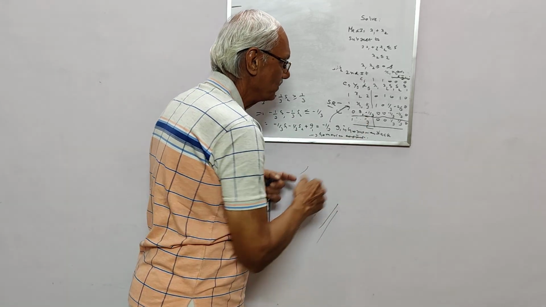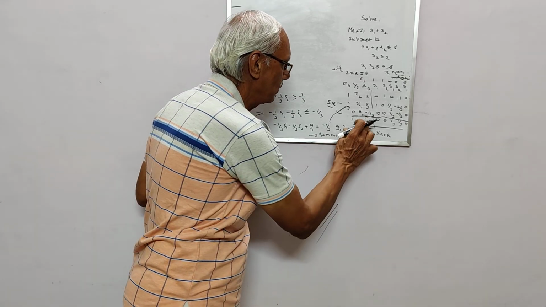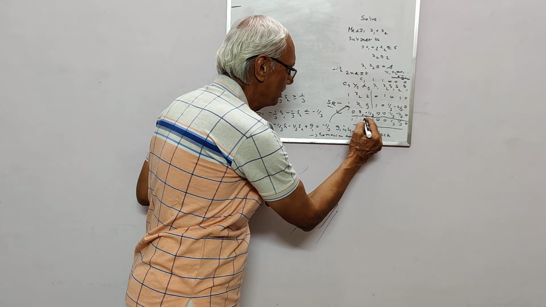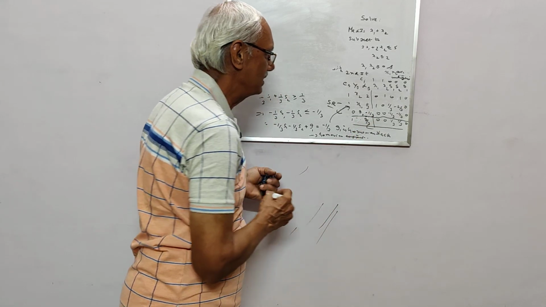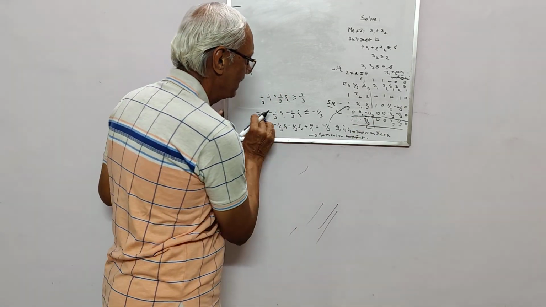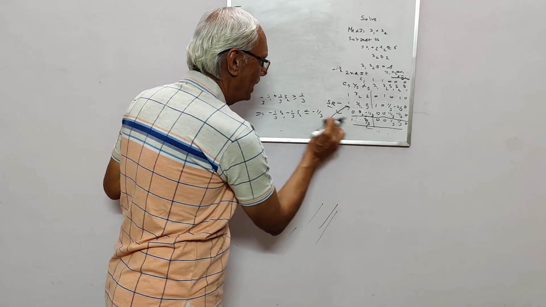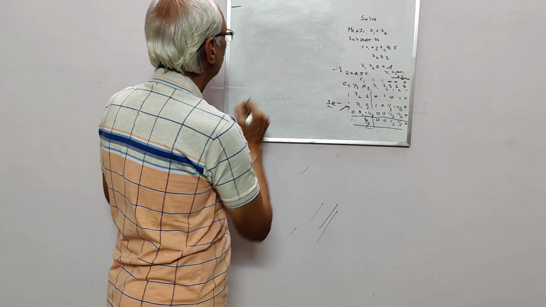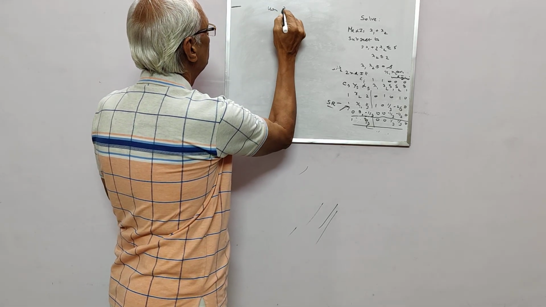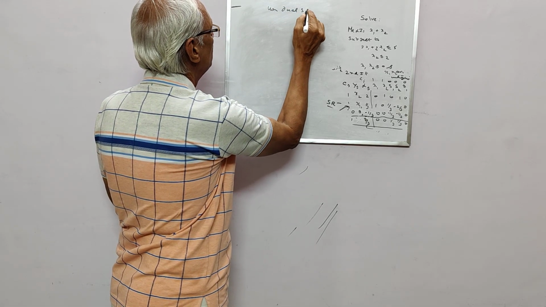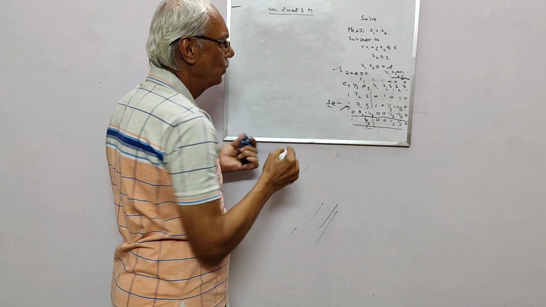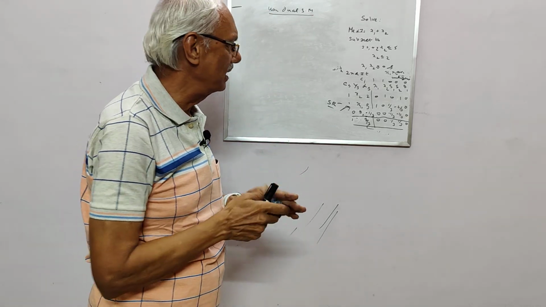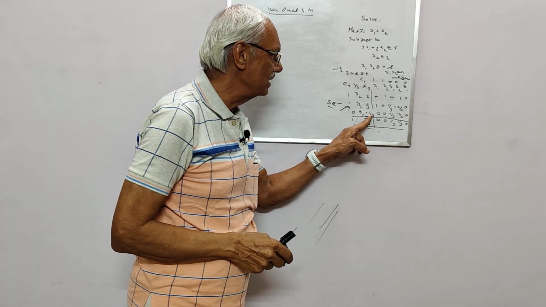The Zj minus Cj value will not change, it will remain the same, and this is what we have. Now you see why I call for the dual simplex method. Why should I use the dual simplex method? Because can you see this?